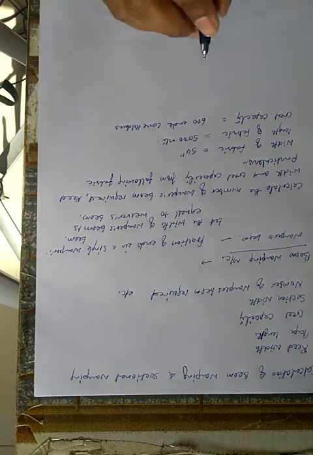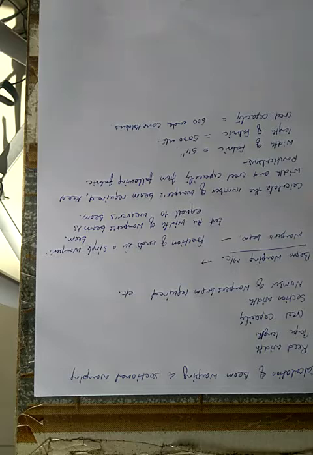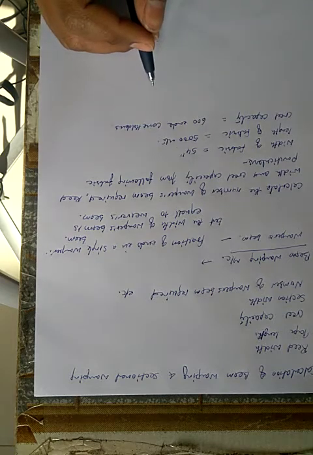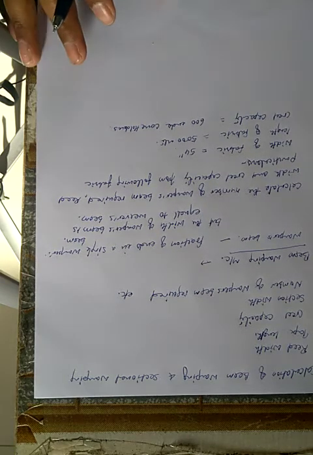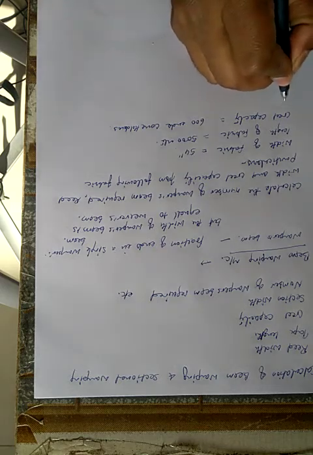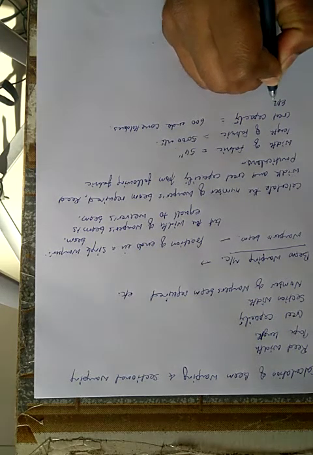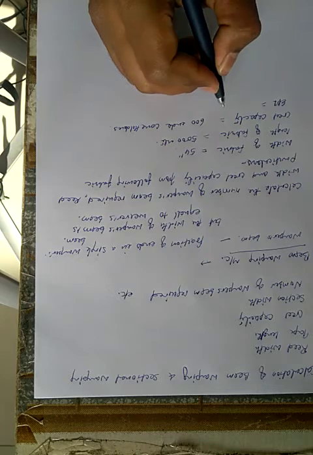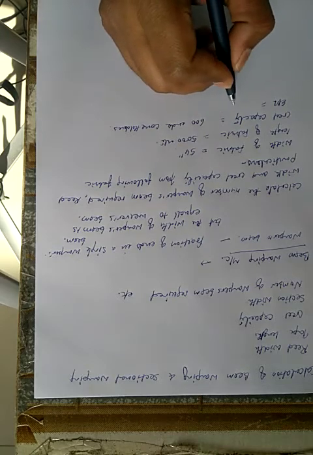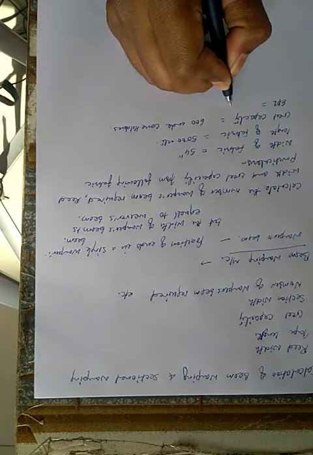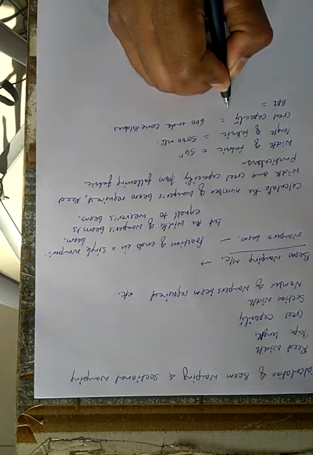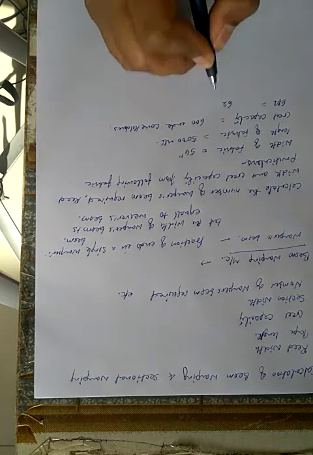So in the creel we can keep 600 cones. And the ends per inch, let's say it is 62 ends per inch.